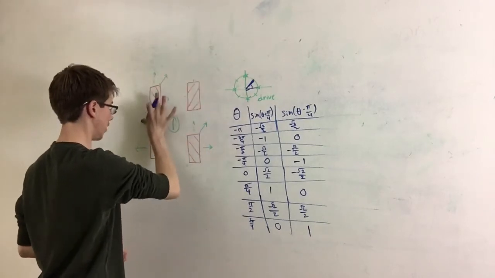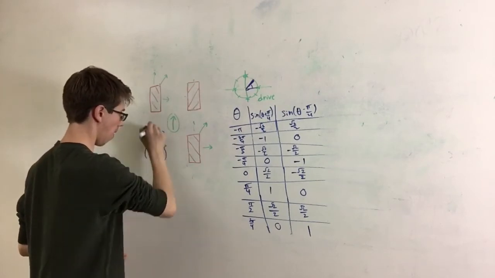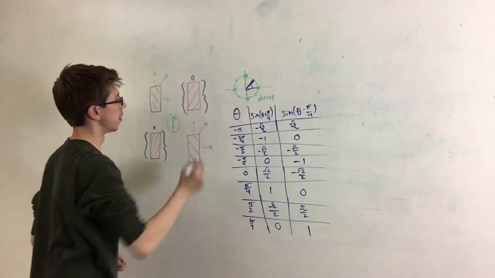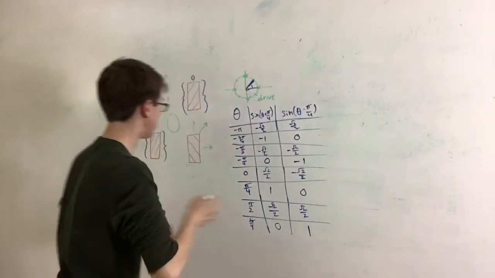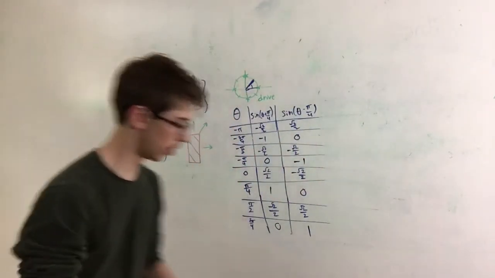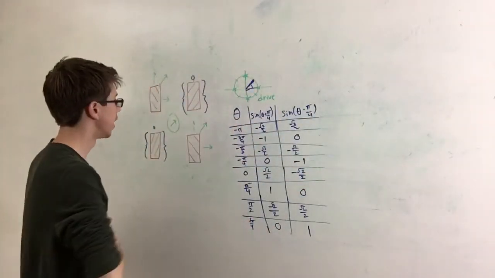So the speed of this is 0. This is going to cause our robot to move 45 degrees, otherwise known as pi over 4 radians, right? So that is how we determine that.